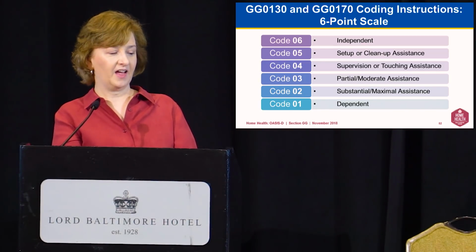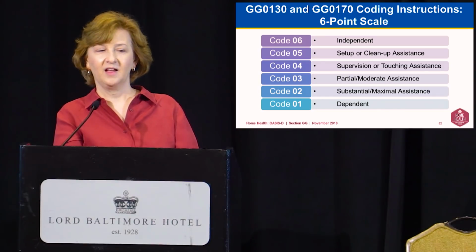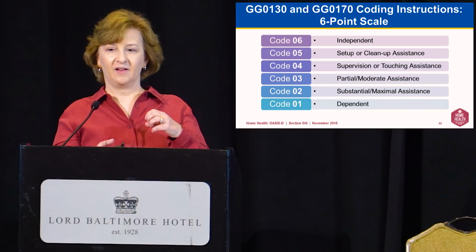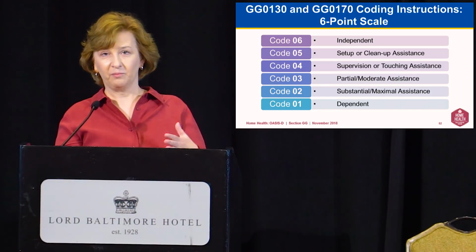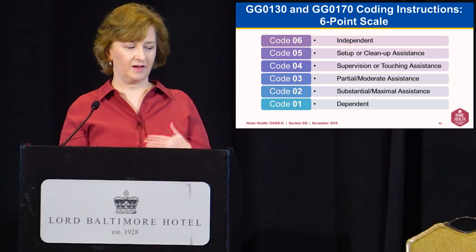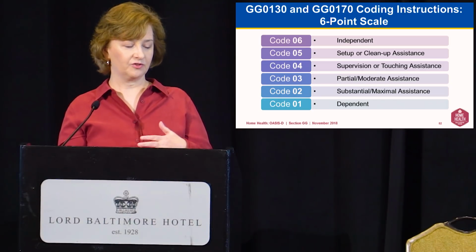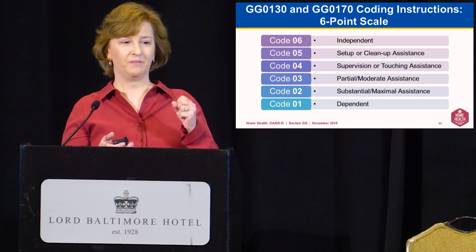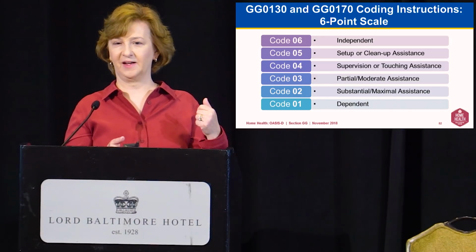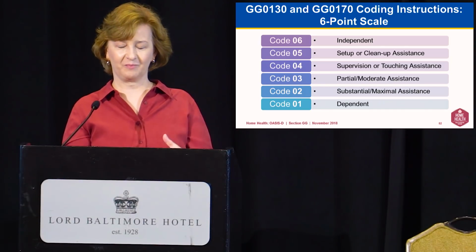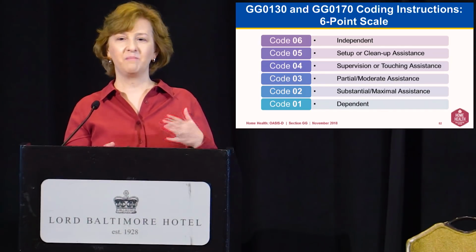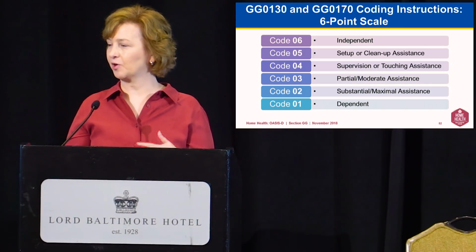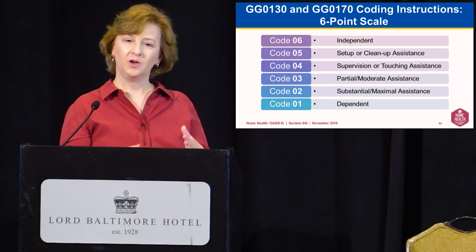At level 5, that is setup or cleanup assistance, and think of this as the level of care where a helper, whether it's a family member or perhaps somebody else, is actually leaving something in place for the patient, and then the patient can use that device or whatever's been set up a bit of time after that.